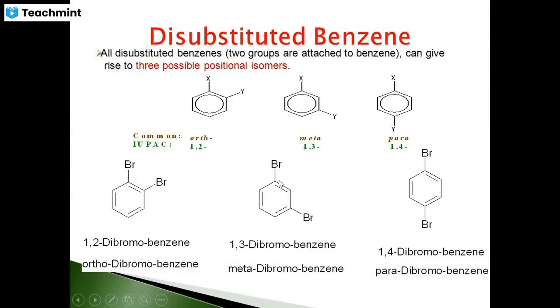While writing the name, keep one thing in mind. Whenever you are giving numbers 1 and 3, a comma must be given between them: 1 comma 3, then a dash, dibromo, then a dash, and then the parent compound, benzene.